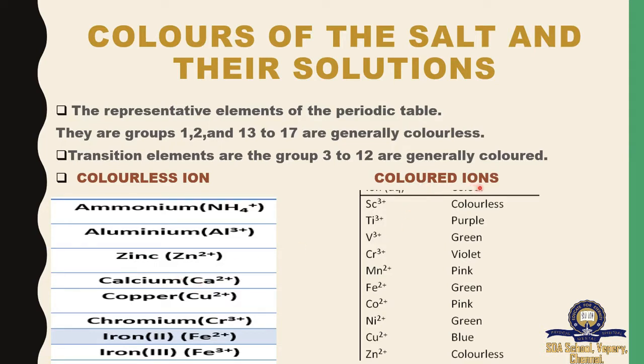Next, we have colored ions also. See, scandium, titanium, vanadium, chromium, manganese, iron 2 plus, cobalt, nickel, copper and zinc. These ions possess colors. See, maximum here we have transition element ions.